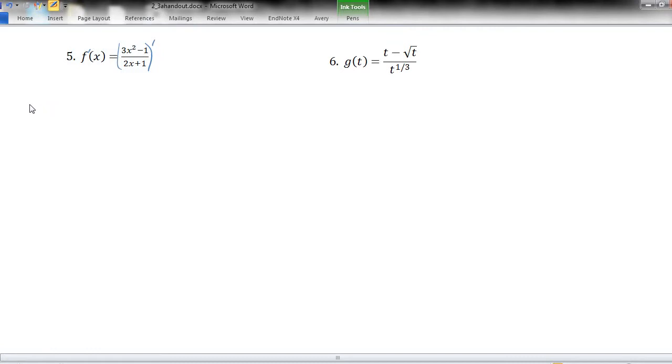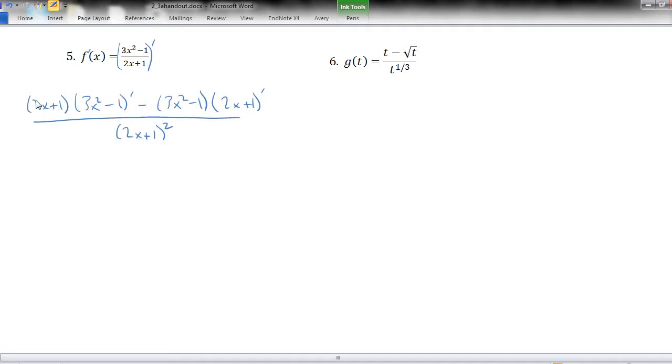So the low d high is going to be the denominator times the derivative of the numerator. And then minus high d low, so the numerator times the derivative of the denominator, all over low squared, so the square of the denominator.